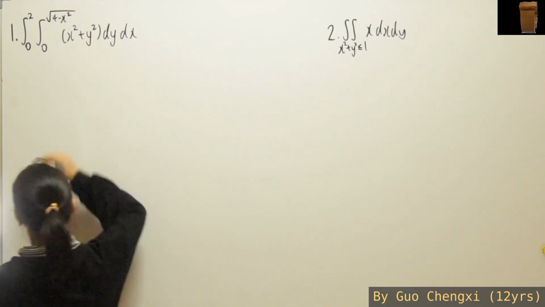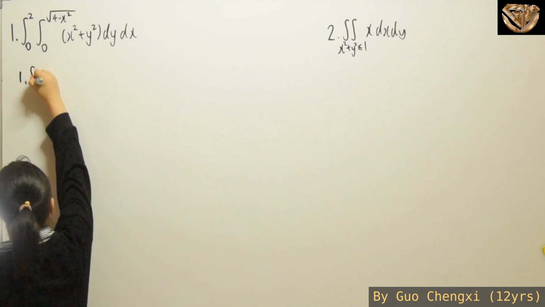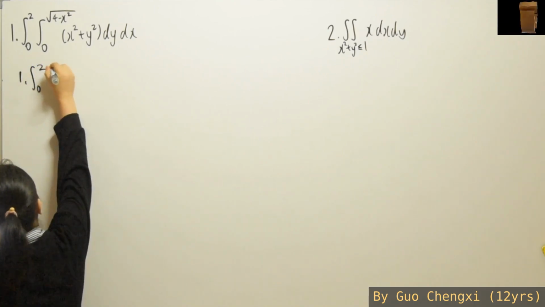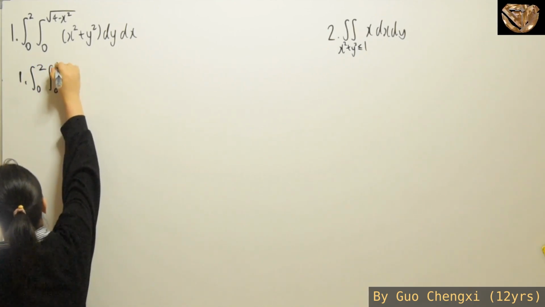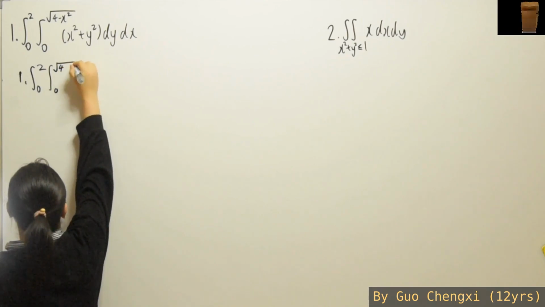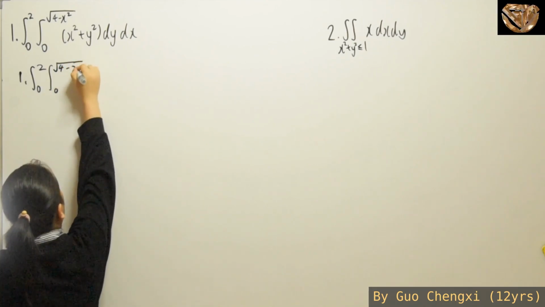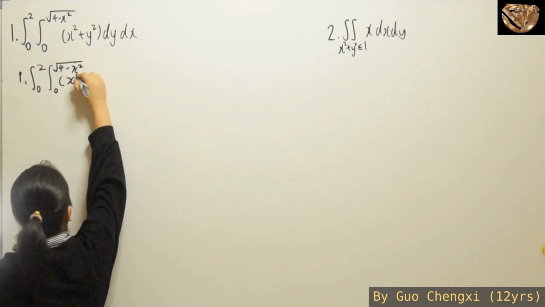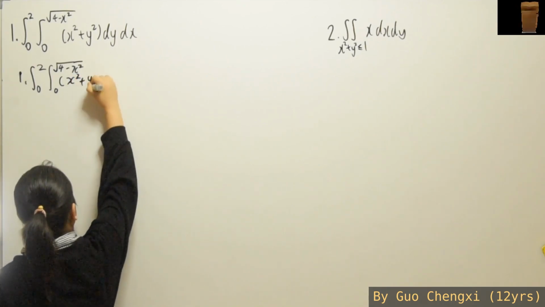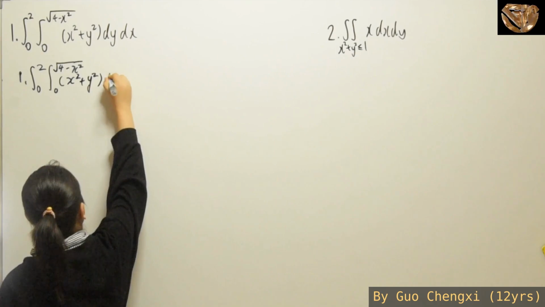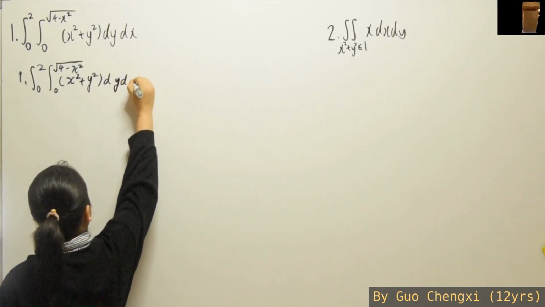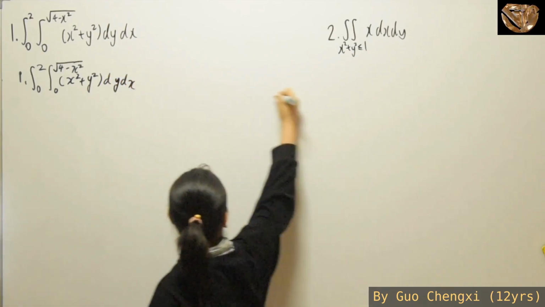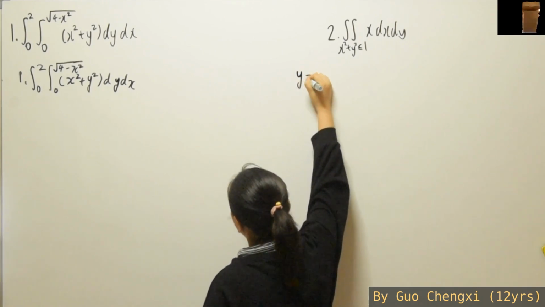For our first example, we already know the boundaries, so you may think that we can solve it straight away. But why don't we first work out what our bounded area is?